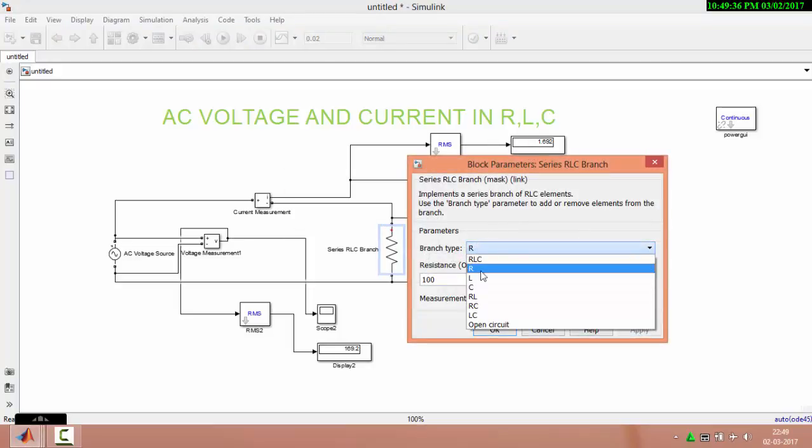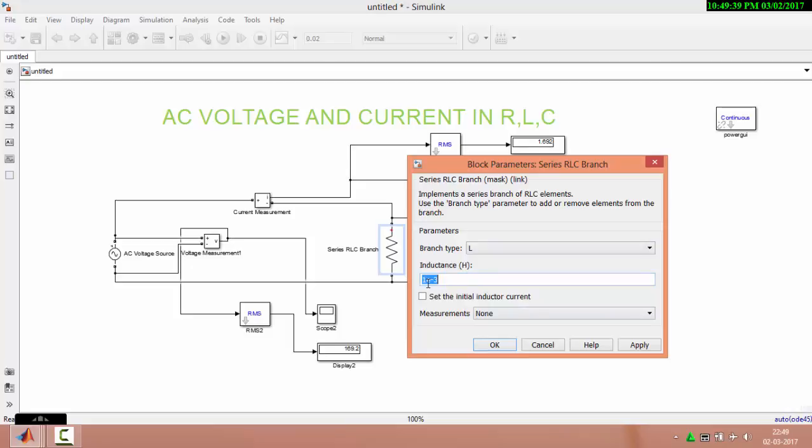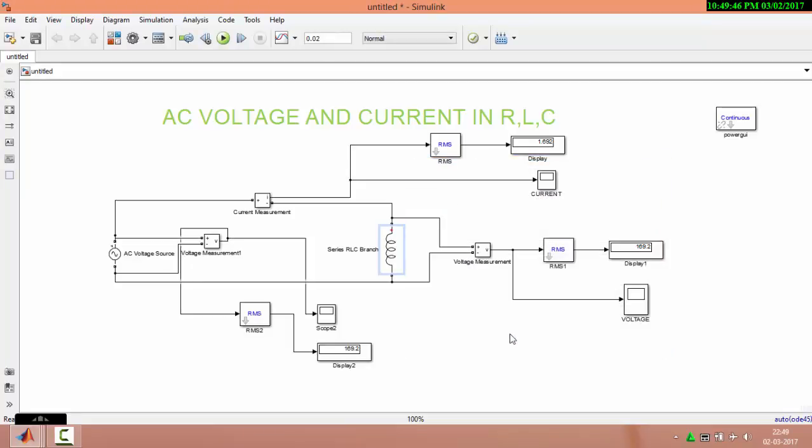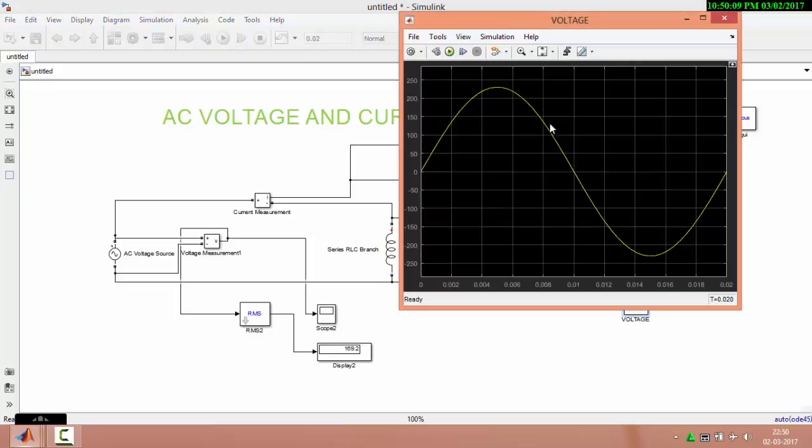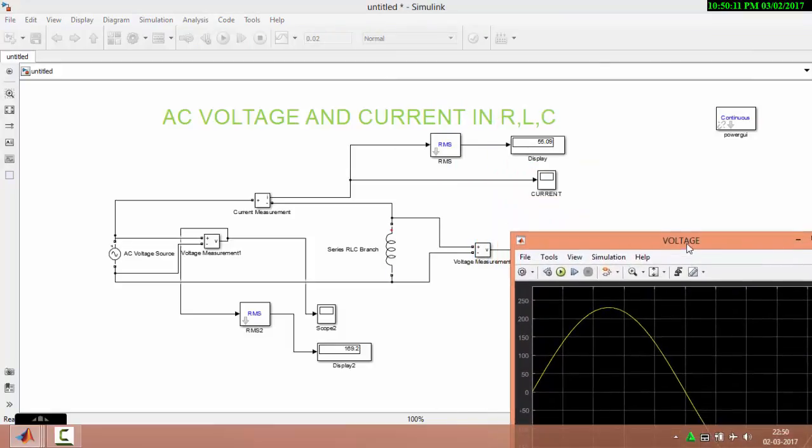Now let us change the branch into L and let us assign some value. In this way, we will see the voltage and current relation in an inductor. Now you can see that the voltage is the same. Now let us go to the display.